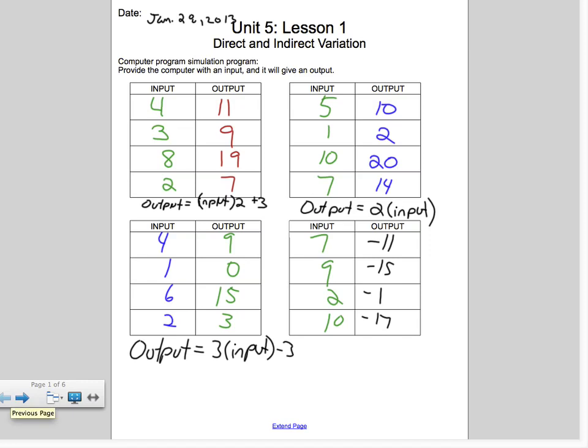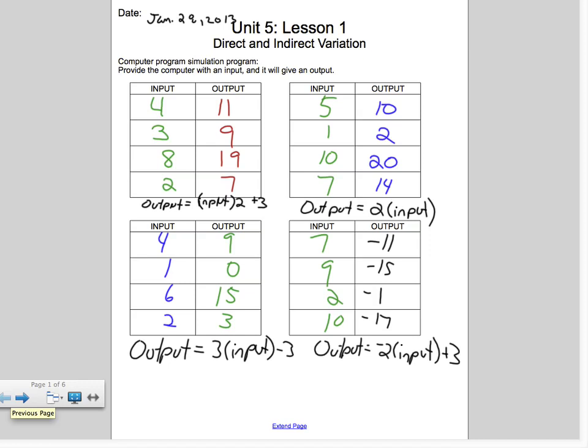Finally, on the last one, what was going on? Veronica? It's a -2 input plus 3. Output was -2 multiplied by the input plus 3. Okay.